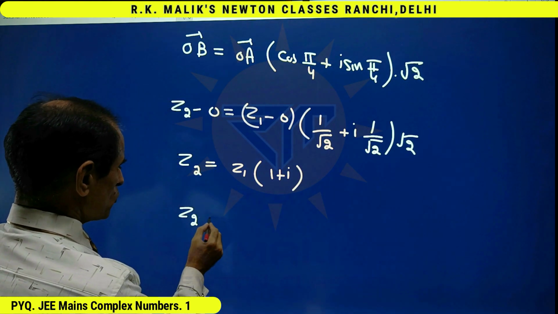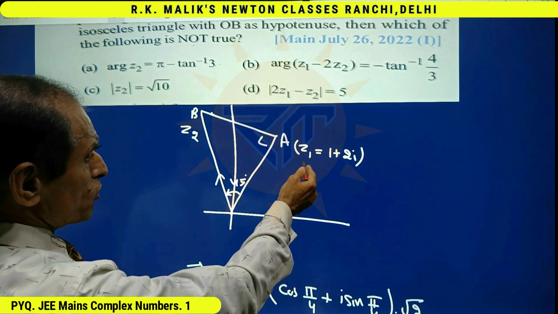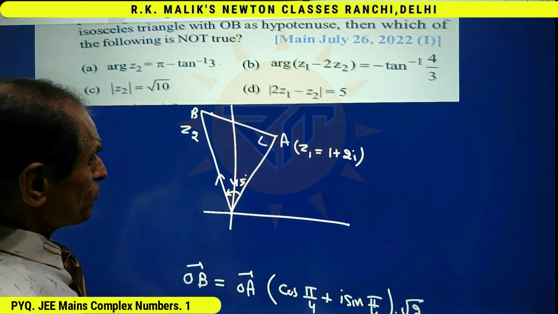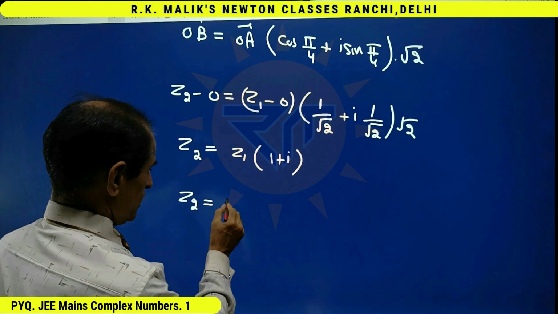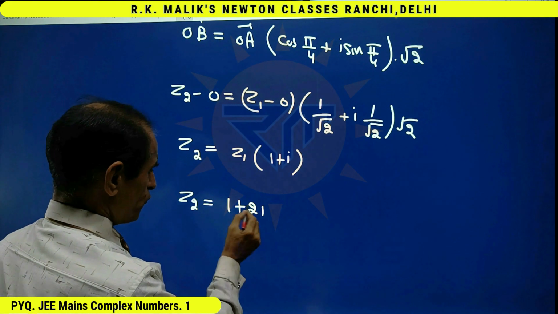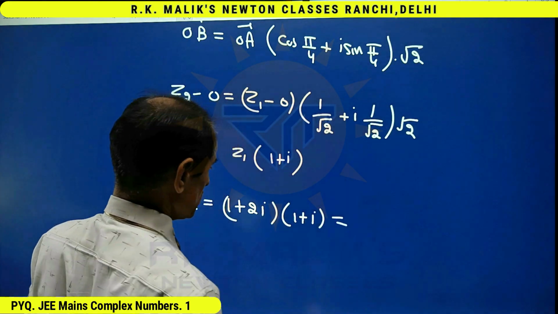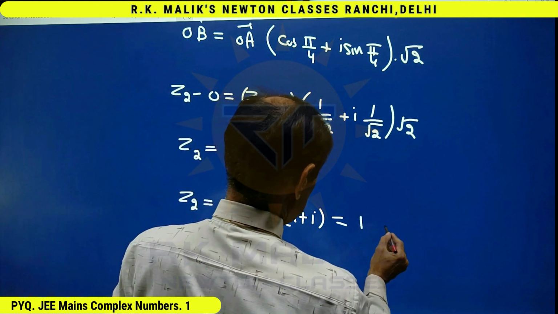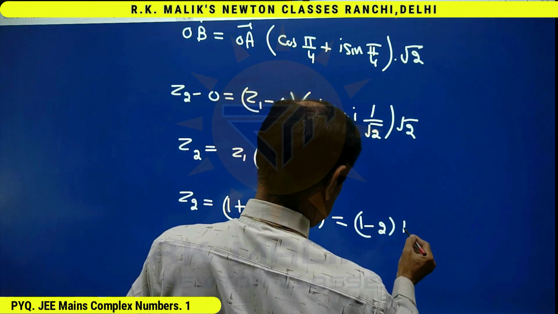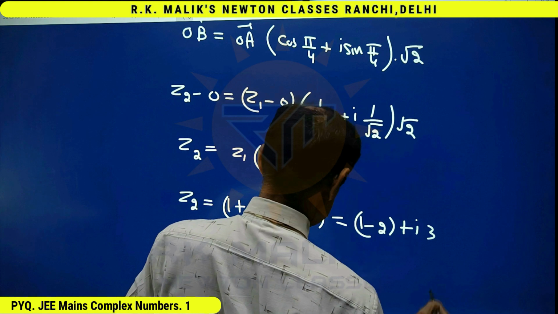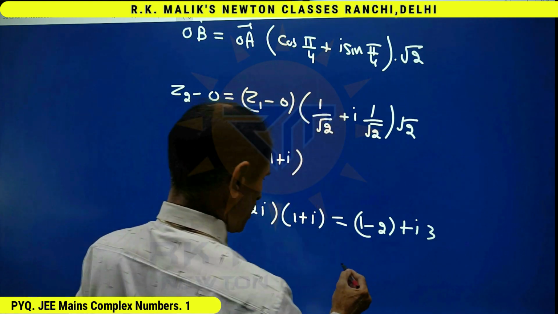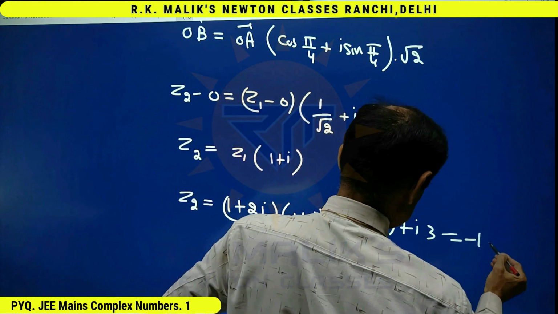That is, Z2 equal to, because Z1 is given to you as 1 plus 2i, hence it is 1 plus 2i into 1 plus i, that is 1 minus 2 plus i into 3. That is, the answer is minus 1 plus 3i.